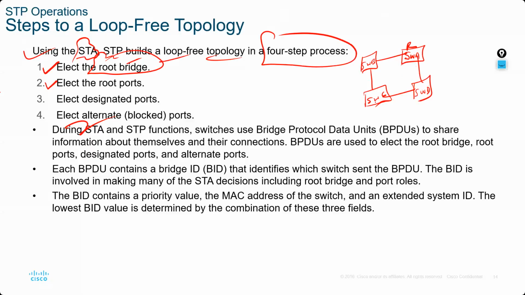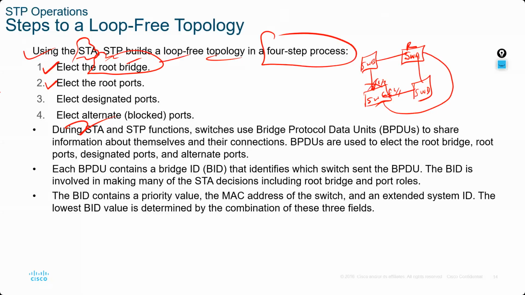So let's work with switch C. Let's assume, based on calculation, switch C, let's call this port F0/1 and the other port F0/2. Switch C has decided that the best path to reach the root bridge is this route, not the other side. So you know what switch C will do to the other port? It will shut down the other port. And you know what?